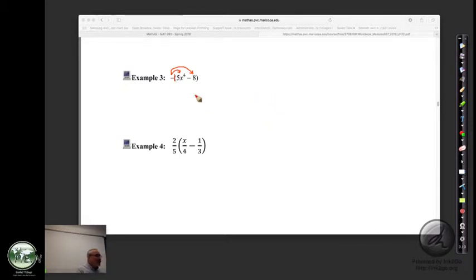So negative 1 times 5, and again I'll write it out, negative 1 times 5x to the 4th, and then we'll have a negative, this is hard, how do we write this? Negative 1 times a negative 8.